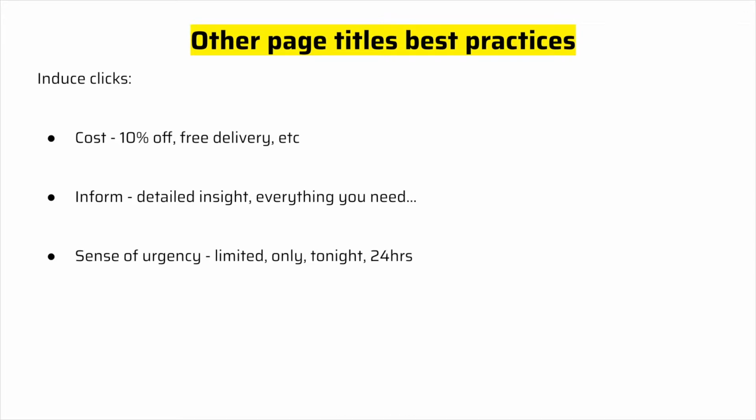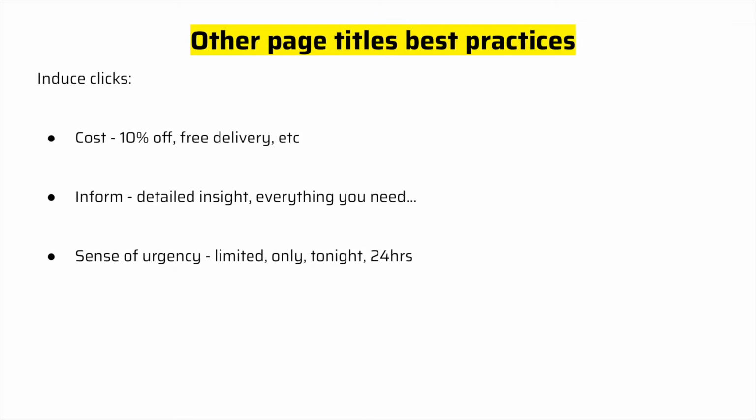Other things that you can do when it comes to writing a title tag is to inject things that induce clicks. So let's say you are offering a discount or free delivery on some of your products. You can say 10% off, shop safety jogger climber for 10% off, shop safety jogger for free delivery. So inform also. I use inform when I'm writing a blog post or an expert guide, which has detailed insight.